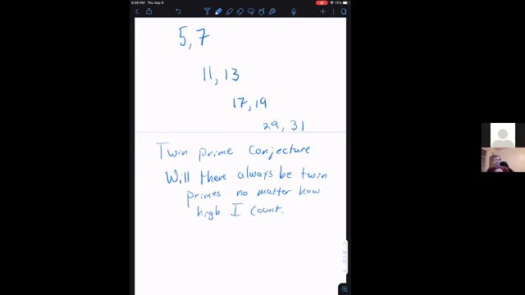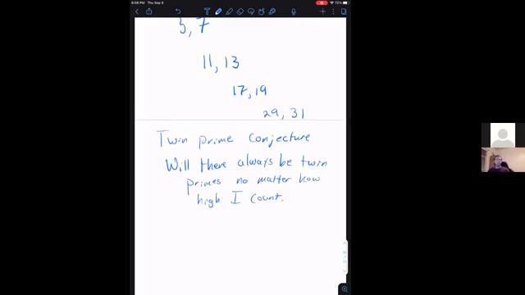Is there always twin primes? What happens when I do modulo arithmetic, which we'll do later, with prime numbers? Is there a way that numbers are always going to work out? I want to give you this just so you have some tidbits of information that aren't necessarily in the book or in the slides.